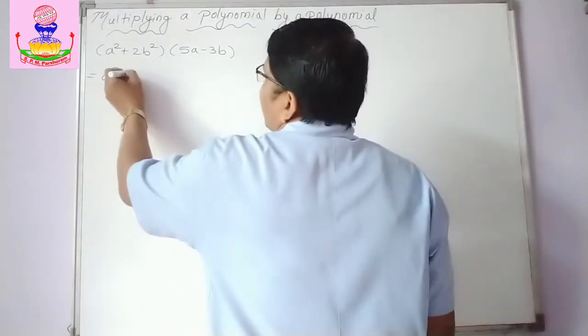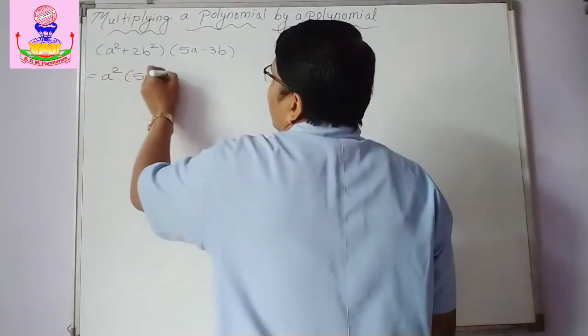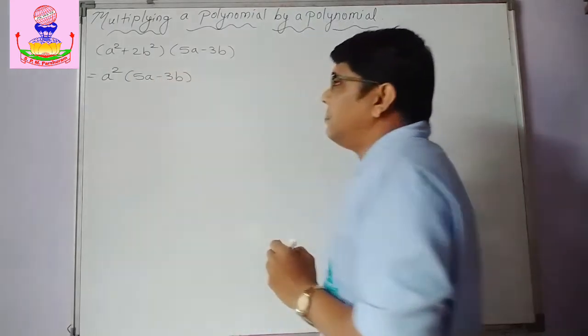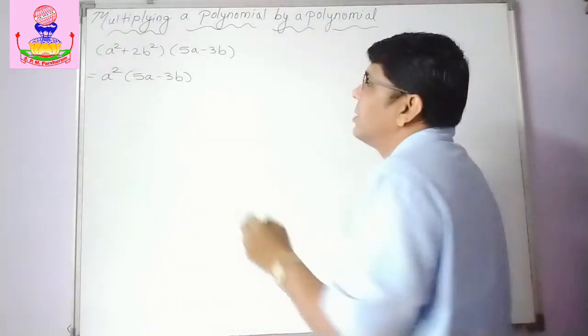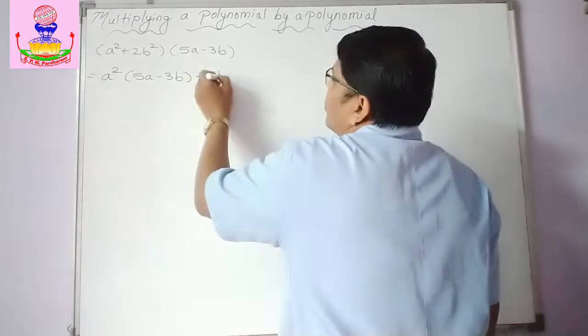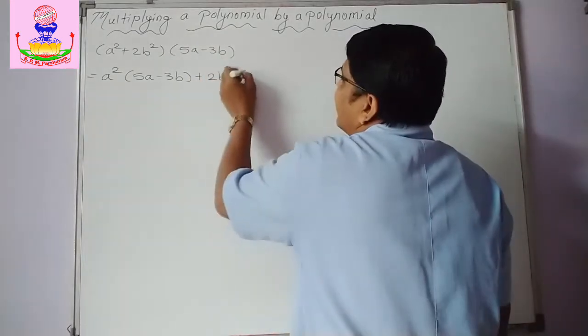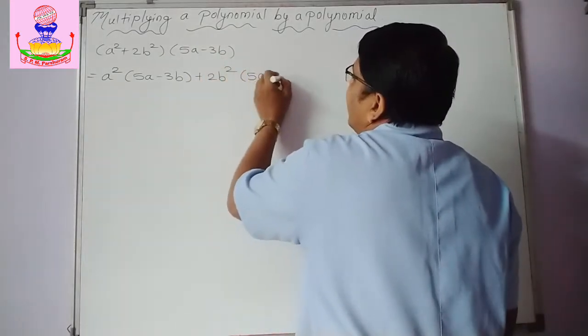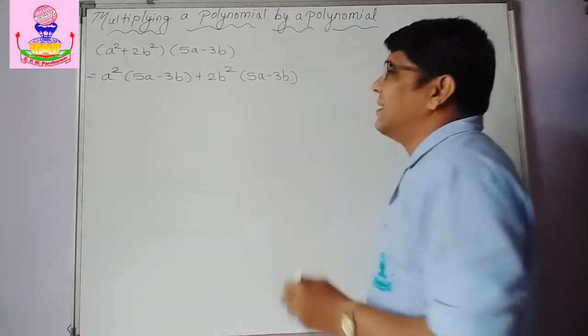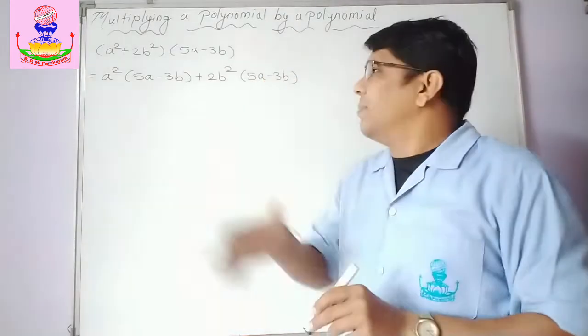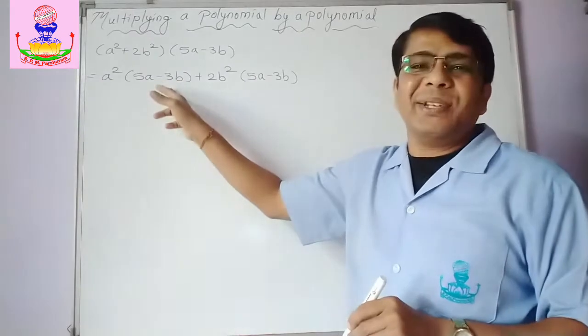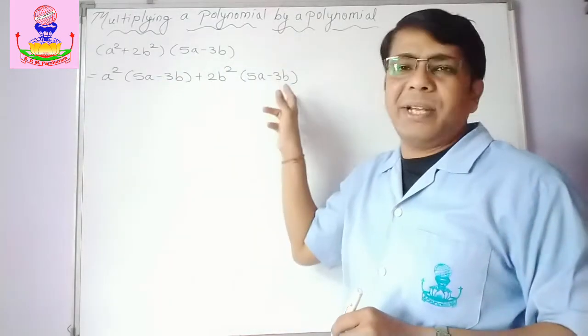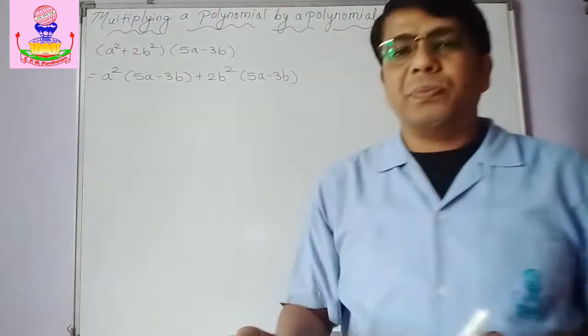So a square into (5a minus 3b), okay, plus 2b square into (5a minus 3b). Now this becomes what? Multiplication of monomial by a binomial.